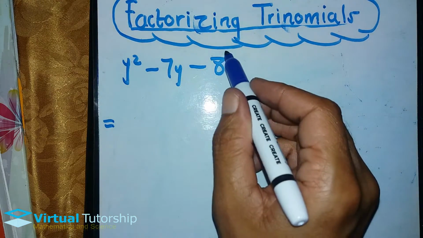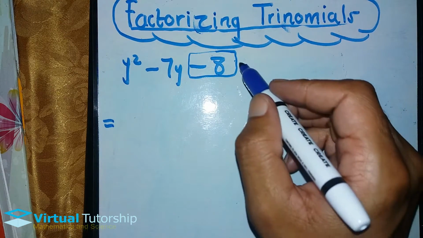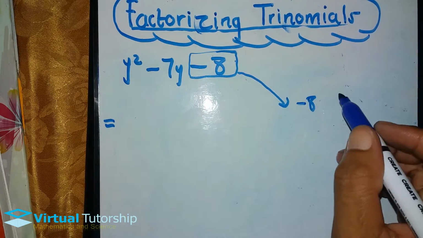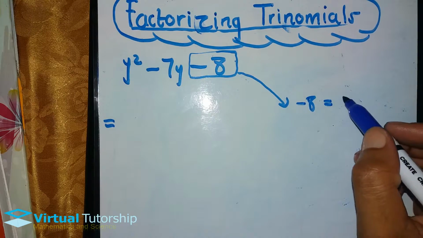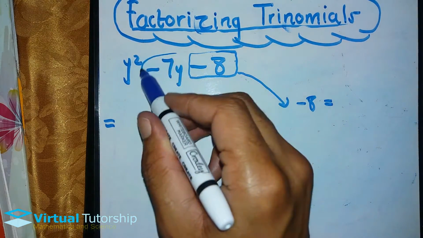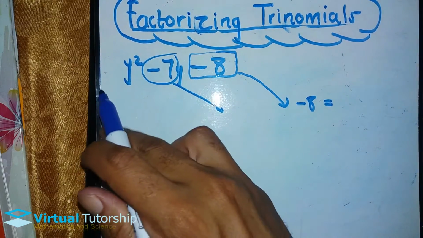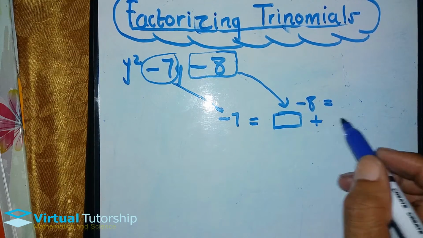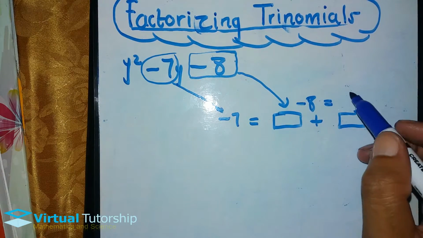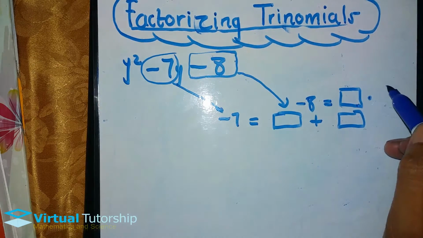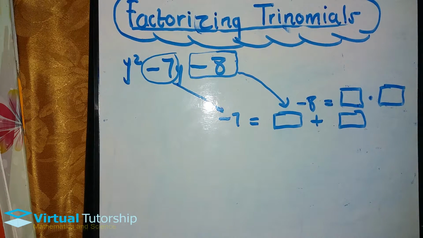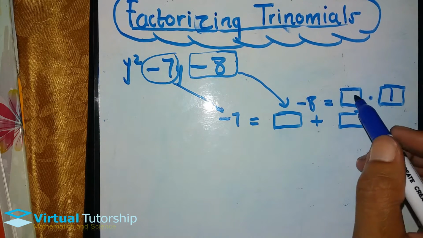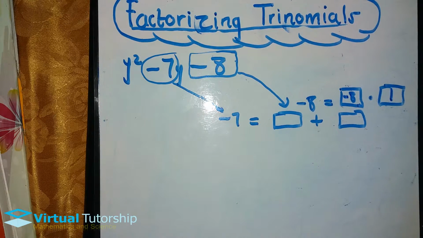Look, I want two numbers that when I multiply them give negative 8, and at the same time when I add them give negative 7. So I multiply two numbers to get negative 8 and add them to get negative 7. Those numbers I work out as negative 8 and 1.